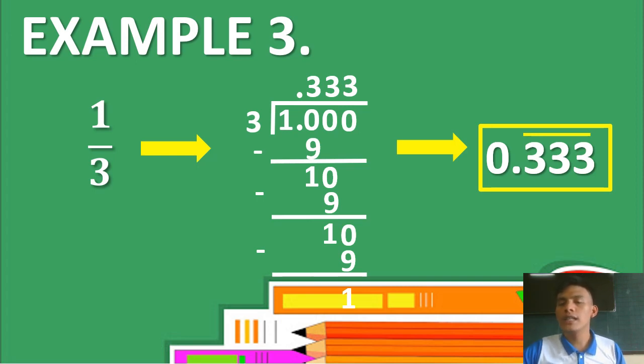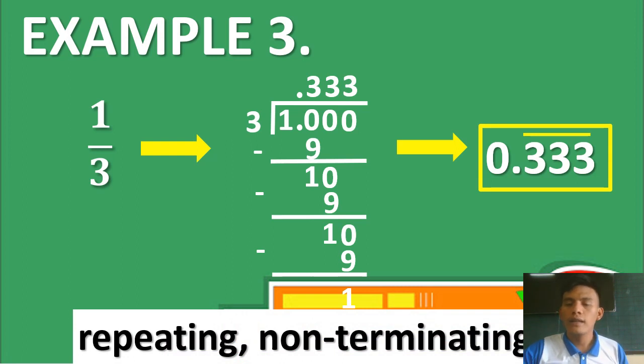The bar signifies that 3 is always repeating. That's why it's a repeating number. It is also non-terminating because the decimal number has no end. It's an infinite number, and it has no end.